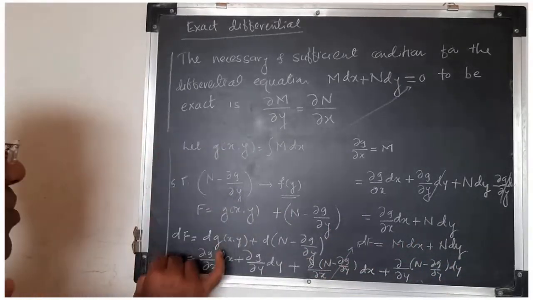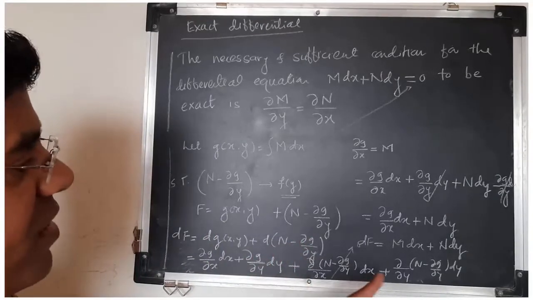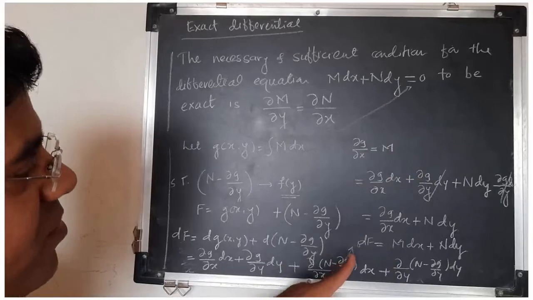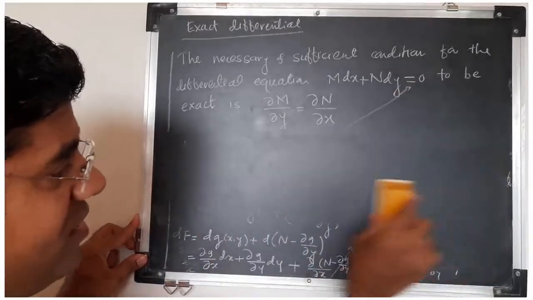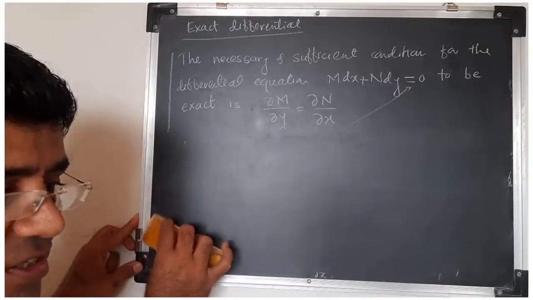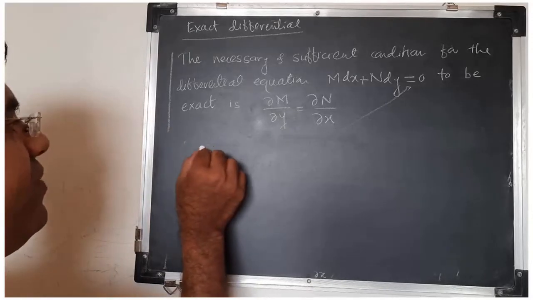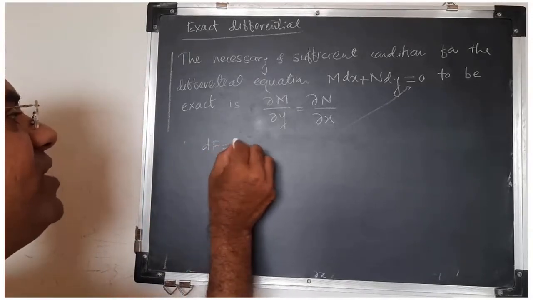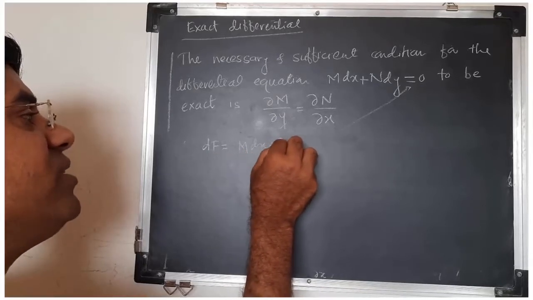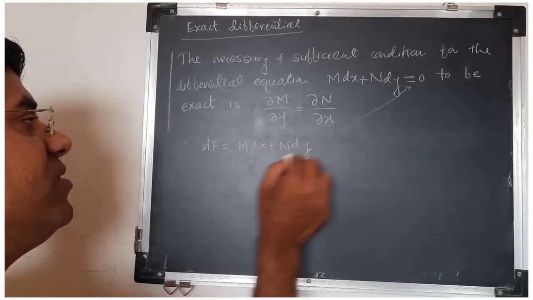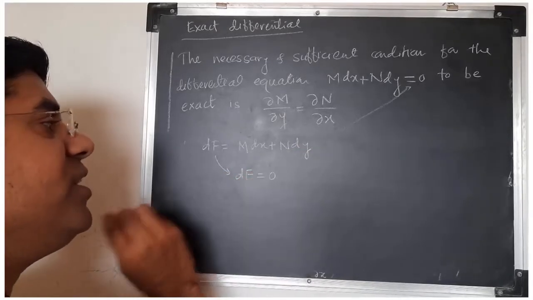Okay, so this proof you have seen in mathematics, so I will not go into the details. You should only remember the given function and its one. But please remember, here is 0. Here is 0 means the function should be constant. Suppose df is equal to M dx plus N dy, so df should be 0.